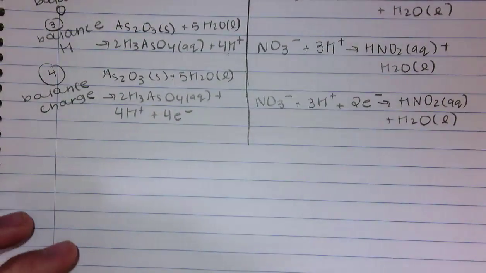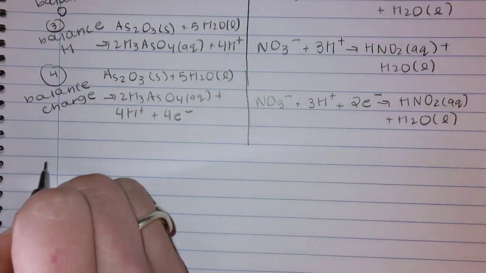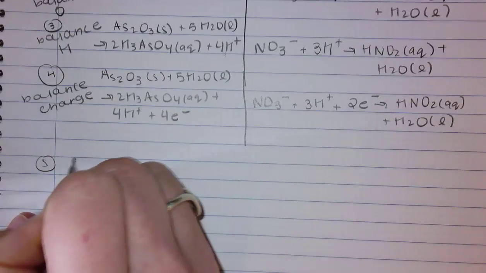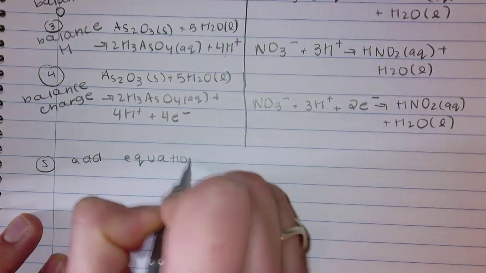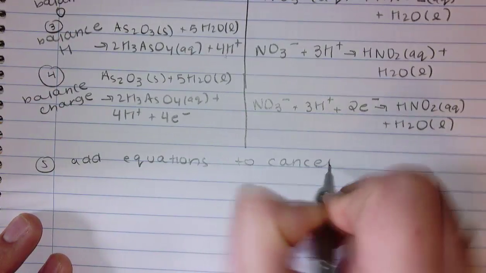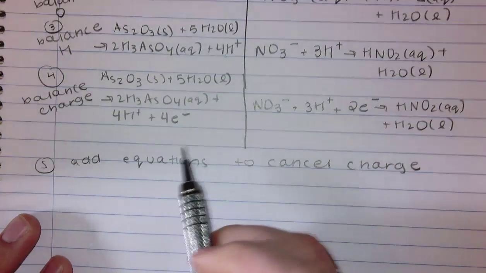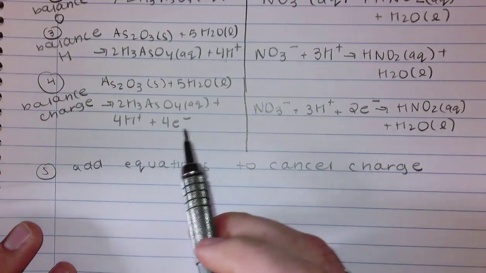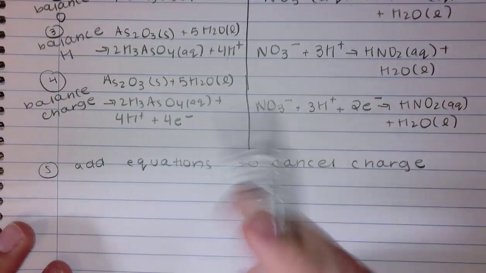And the very last thing that we're going to do is add our equations together in such a way that we cancel the charge. We don't want to be dealing with these electrons that we've added. We don't want those in our final equation.